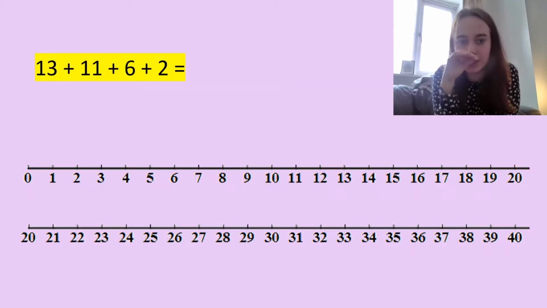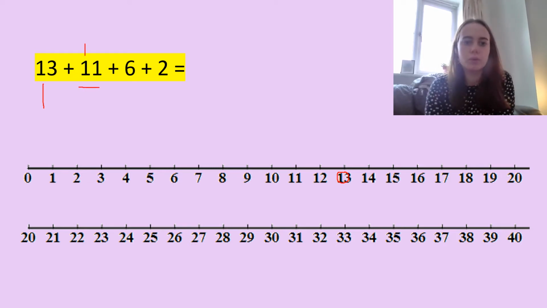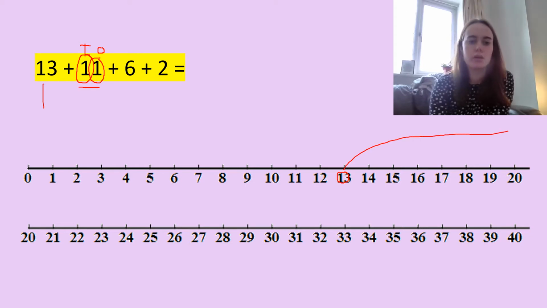So one way of doing this is using a number line. I'm going to start on my biggest number, which is 13. So here is 13, and I am going to jump on 11. But rather than doing 11 small jumps, I'm going to jump on the 10, because it tells me that there's 1 ten, and then I'm going to add on 1. So I know that 13 add 10 takes me all the way to 23.